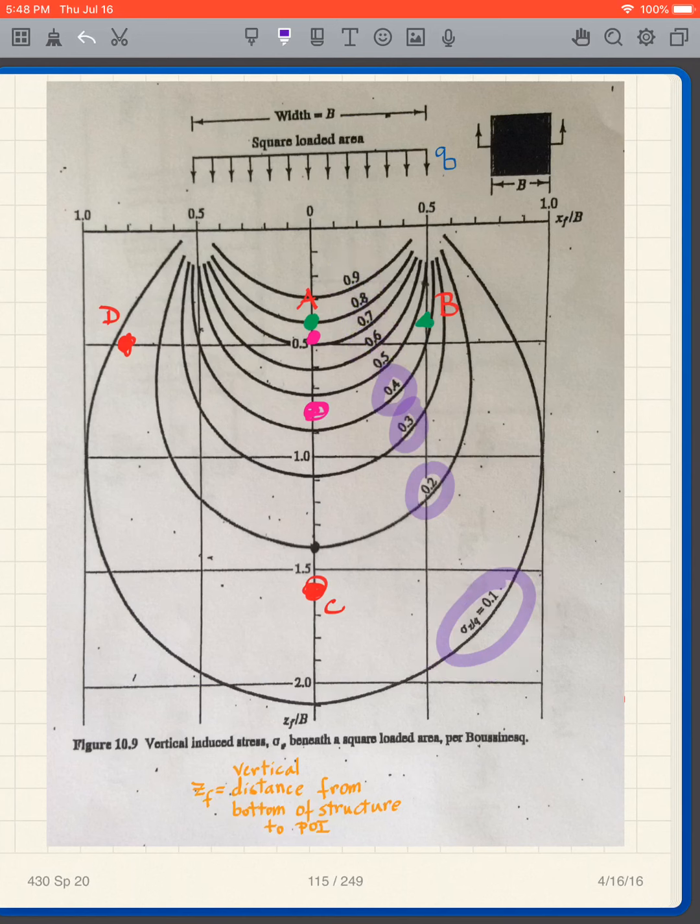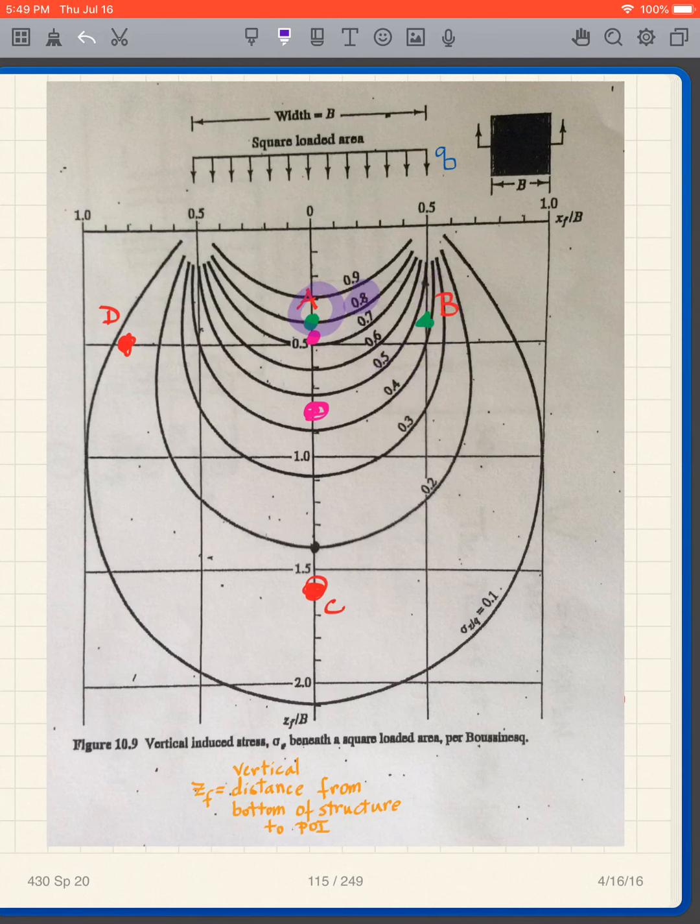And so our goal is to read off these contours. So I'm going to read off the contour for each point. Well, point A is sitting right on the 0.8 contour, so it's 0.8. Now point B, the ones at the edge are the trickiest, but point B is here. If we look closely, it's between the 0.4 and 0.5 contour.